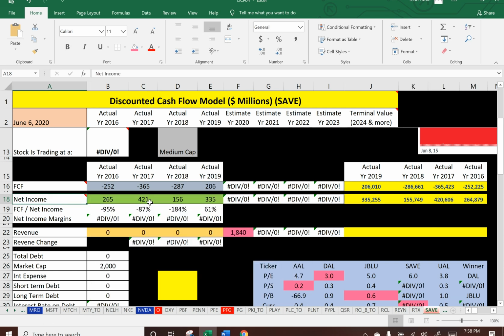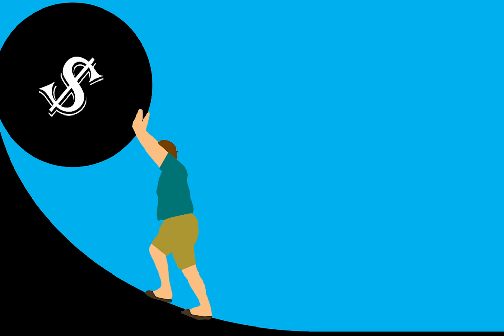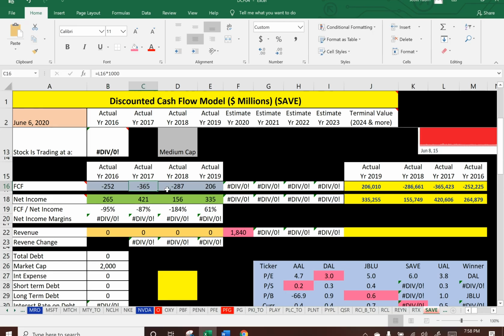What happens is in a company like this, they're spending more money than they're bringing in, so they have to go deeper into debt every year. So for 3 years in a row, they had $250 million of negative cash and $360 million and $287 million. So all 3 years they had to borrow in order to just operate their business.